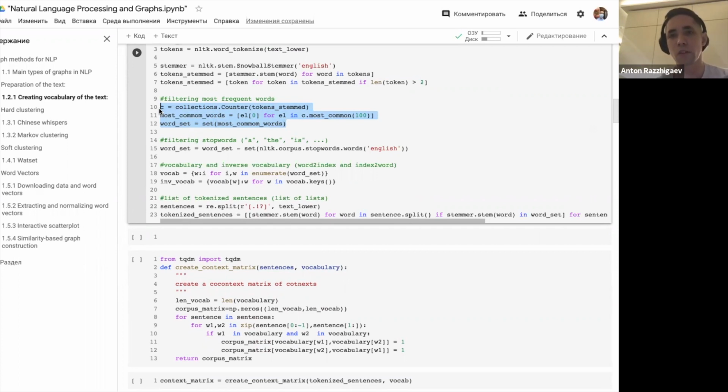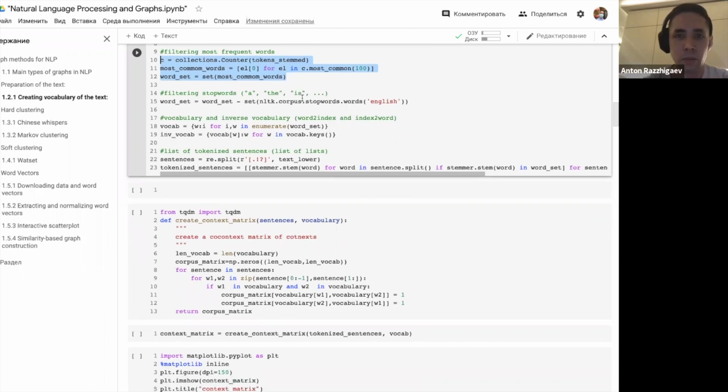filter the most common words. Maybe it is not very necessary for such short texts like this, but in future you will need to filter some frequent subset of words to reduce the vocabulary, because the vocabulary can be very large and that's a problem.